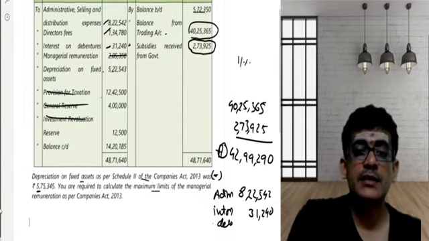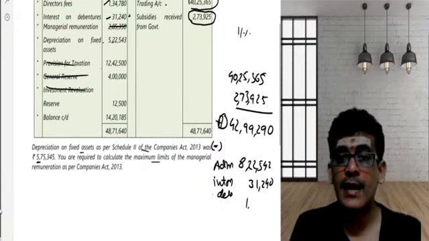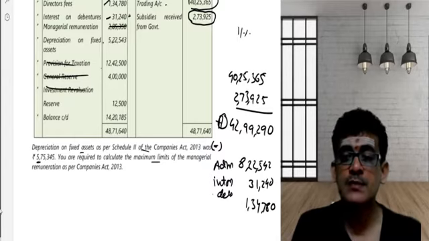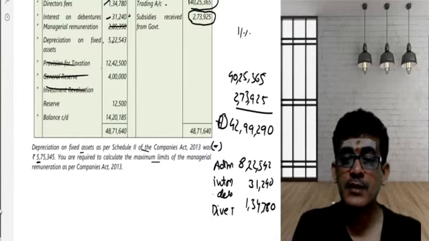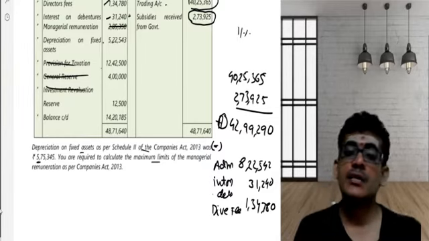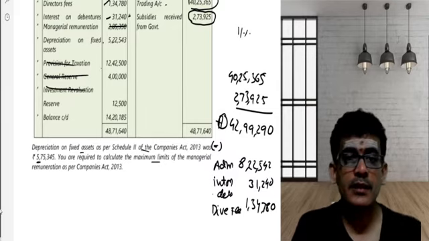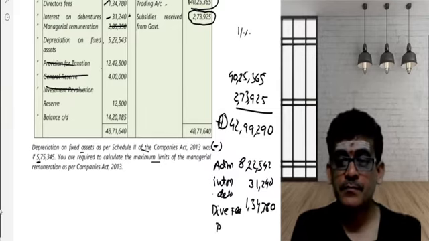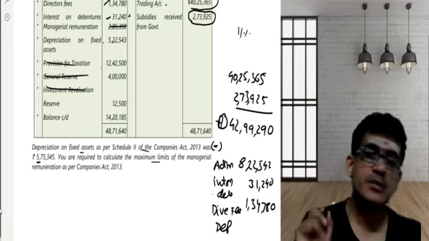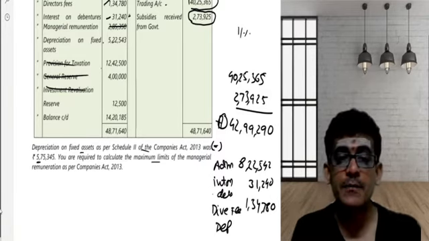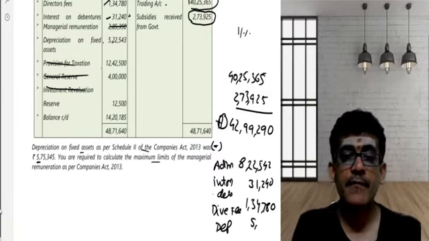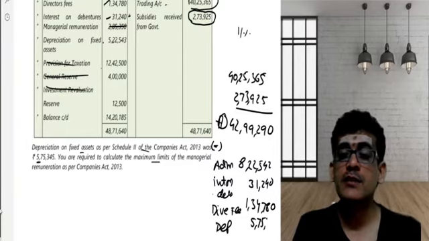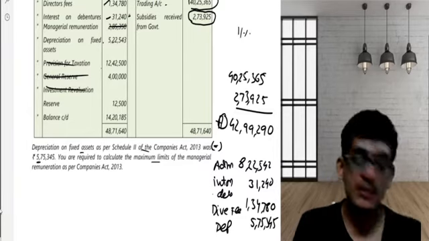We'll also consider the director's fees, which is 1,34,780. Then depreciation as per section 123 or Schedule 2. What is the depreciation as per Schedule 2? 5,75,345. So I'll be considering this.